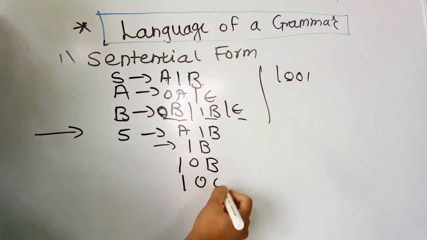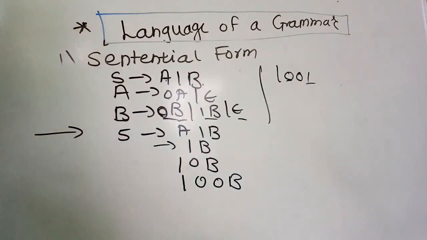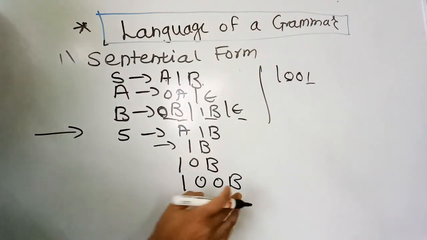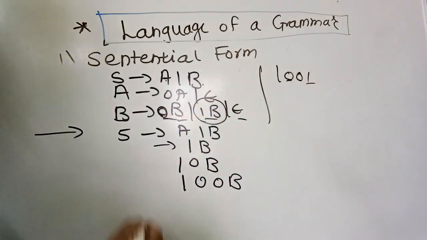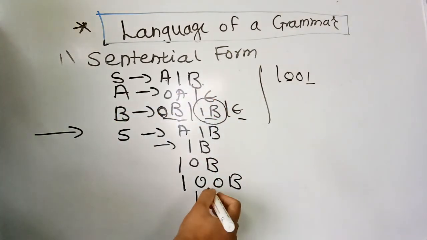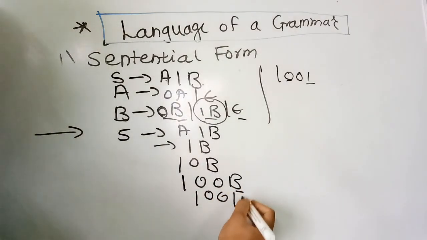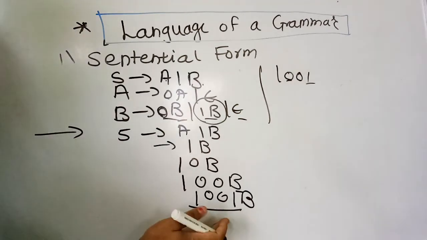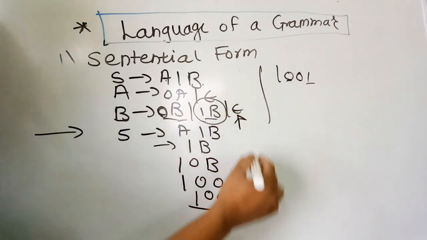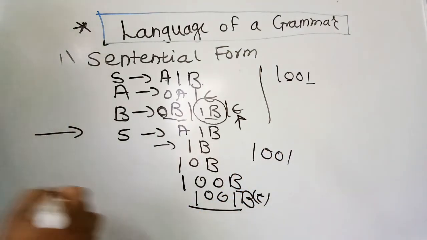So 100B. Now you require the 1 for the answer. B has the production 1B. So we replace here 100, again B is replaced with 1B. And now you have reached your final answer. Then finally replace B with epsilon, and that is 1001.